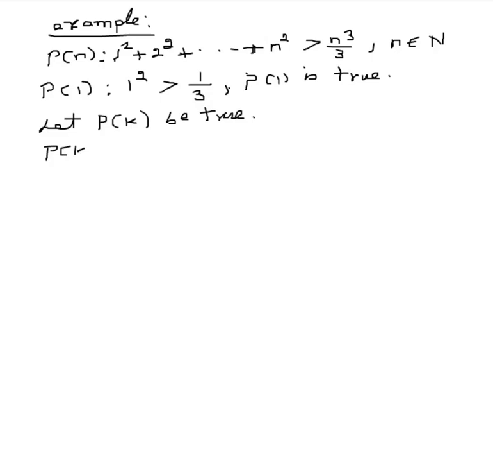Now let p of k be true. And p of k statement is 1 square plus 2 square plus 3 square etc. up to k square is greater than k cube by 3.